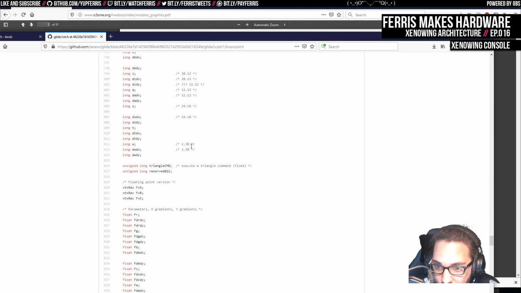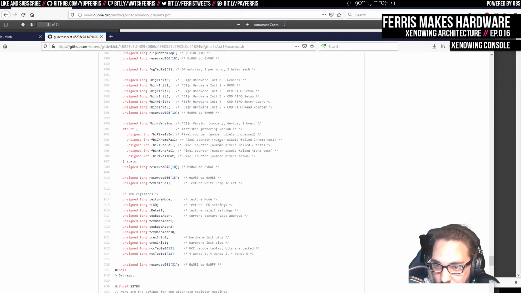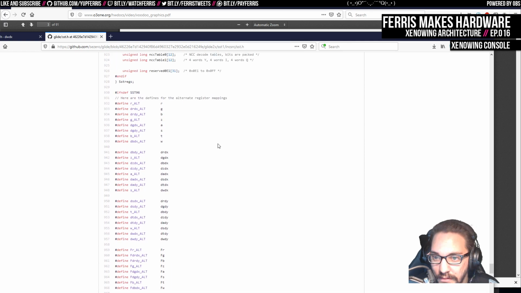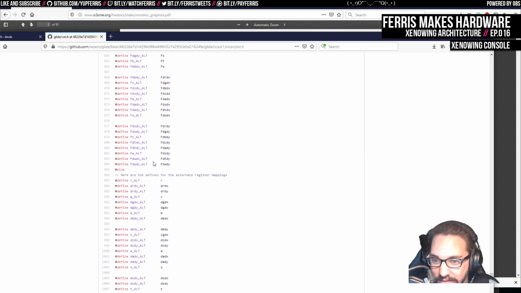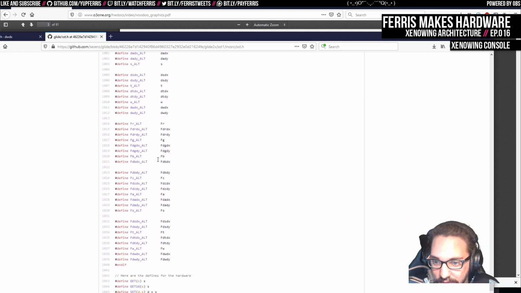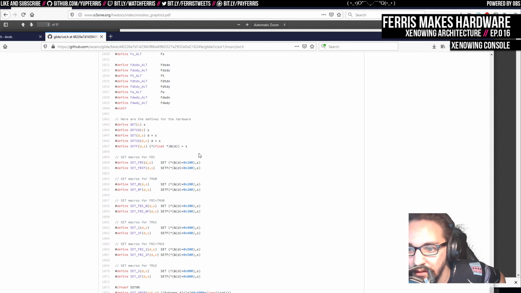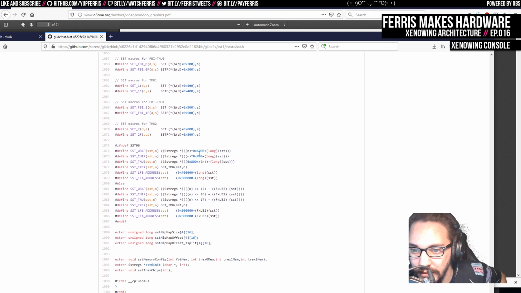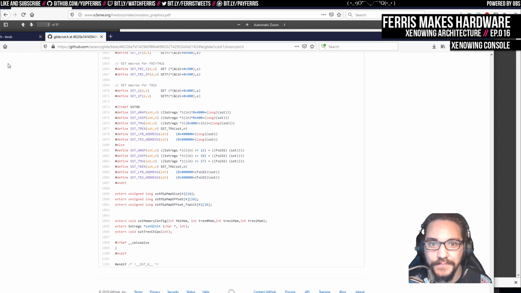Here we even have this 2.30 here, right? That's pretty cool. Alternate register mappings. In any case, I'm quite happy to see that these names match the docs. Some addresses.